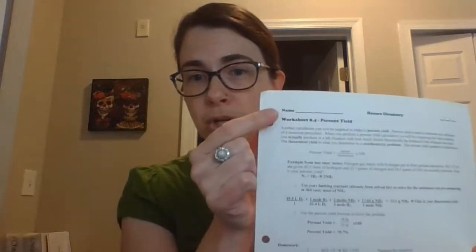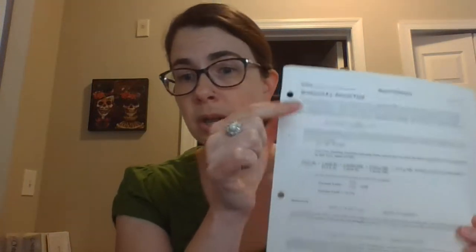So if you guys would, there are a few things that I want you to have out in front of you. I want you to, of course, have your periodic table, your calculator, and also worksheet 8.4, which has some very, very brief notes on percent yield, today's topic, and a whole bunch of practice problems, okay?